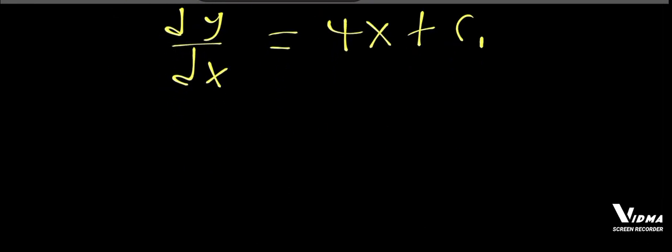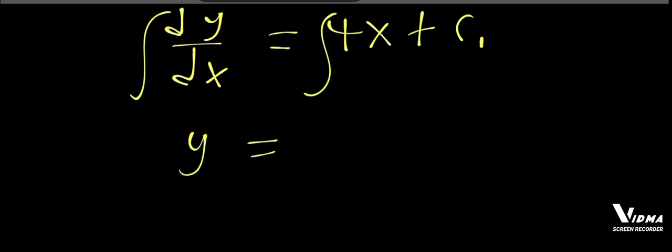The next thing, we still have dy dx, so we are going to integrate again with respect to x. So we are going to end up with y being equal to what?